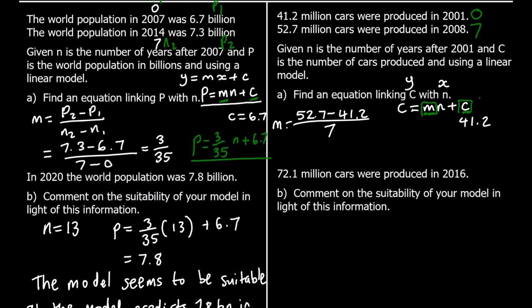So 23 over 14 is the gradient. So the equation is C is equal to 23 over 14 N plus 41.2, and it's in millions.